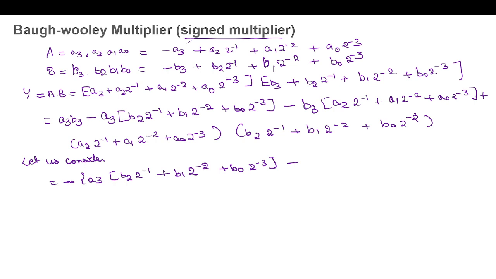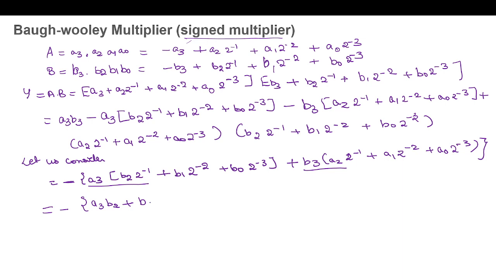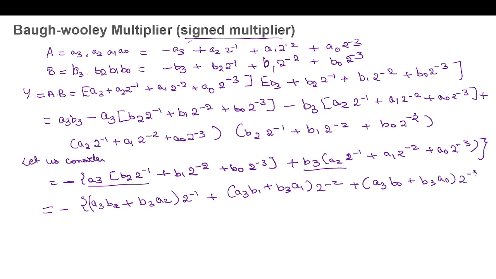This is minus common, so plus. Now minus multiplying this with B2 plus this term and this term. B3 A2 2 to the power minus 1. So A3 B1, B3 A1, A3 B0 plus B3 A0, now minus 3.